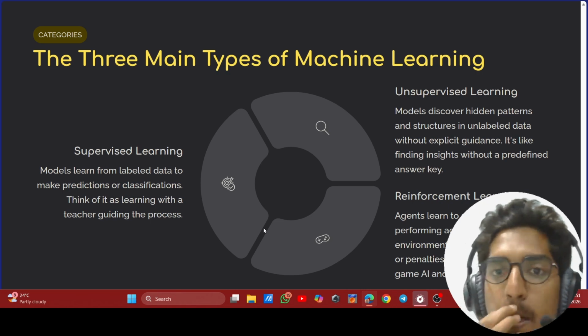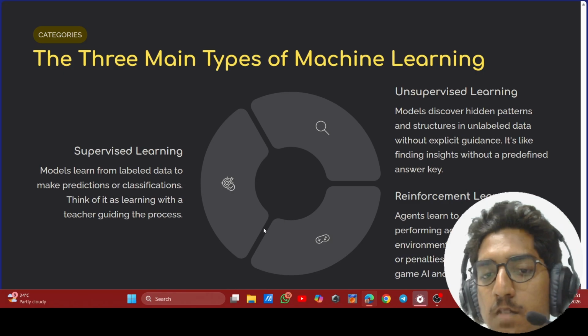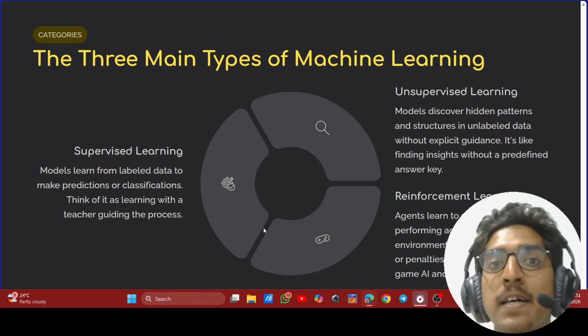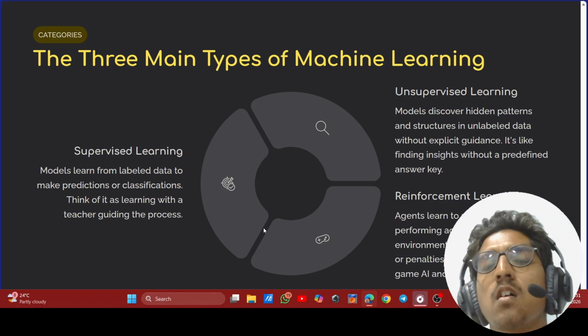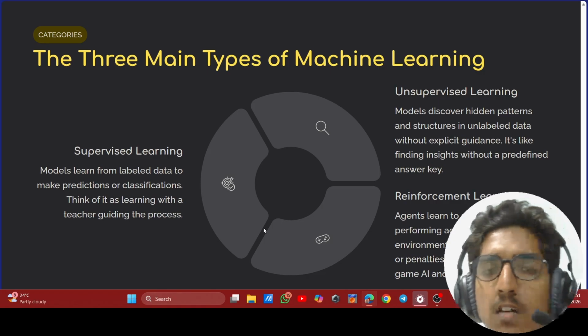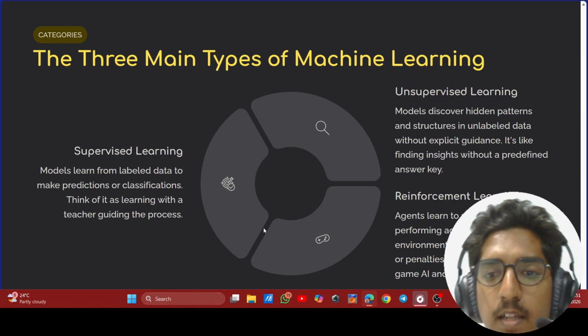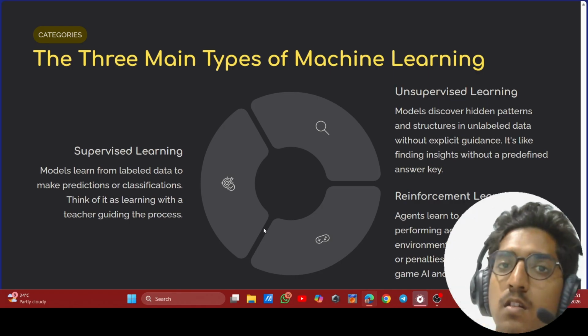Now next I would say is reinforcement learning. So what do you mean by reinforcement learning? Reinforcement learning means whenever the AI agent gives the right output, then a reward is given.